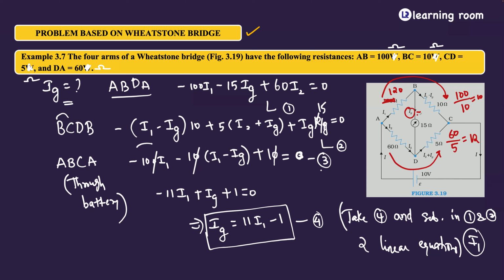Yes. Why is it so? Because it's a balanced Wheatstone bridge. 120 by 10 is the same as 60 by 5. So you need to be careful.